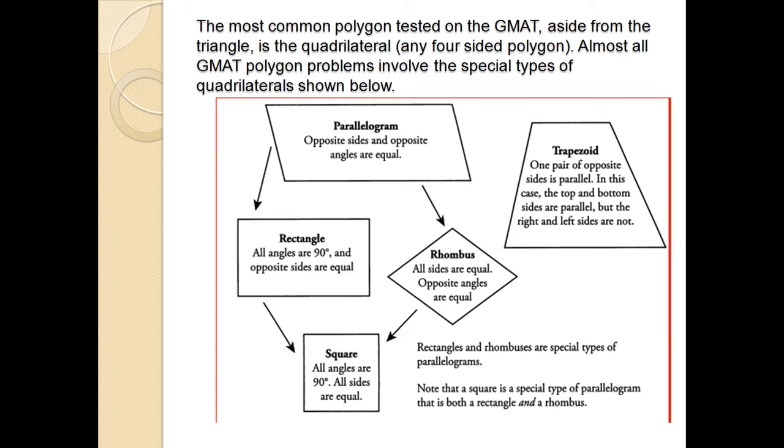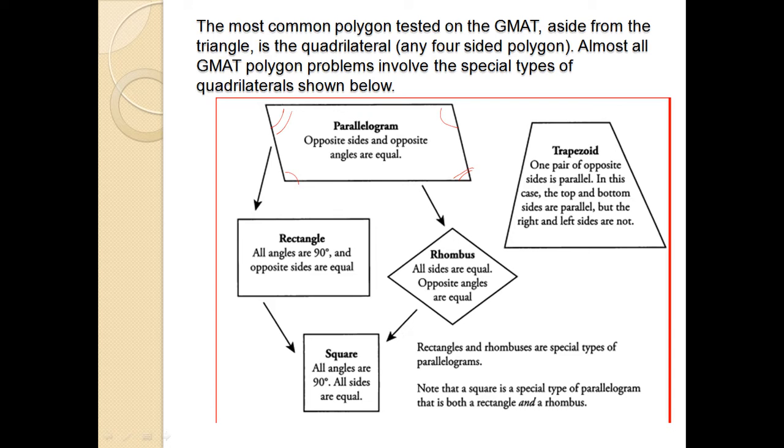One thing we should observe is that the opposite angles of a parallelogram are also equal. So a parallelogram is a quadrilateral with equal and parallel opposite sides and equal opposite angles.